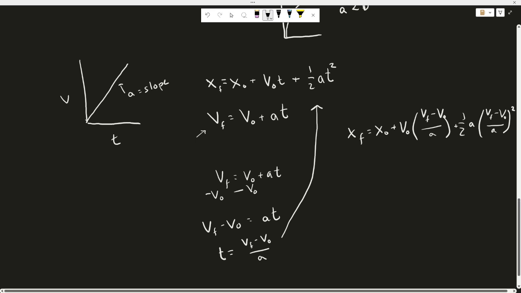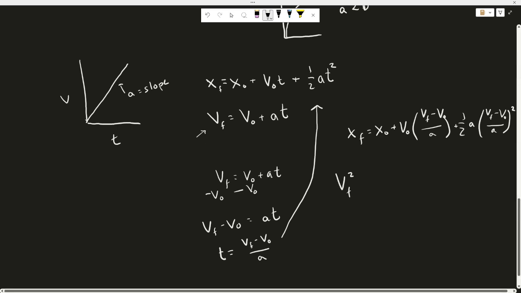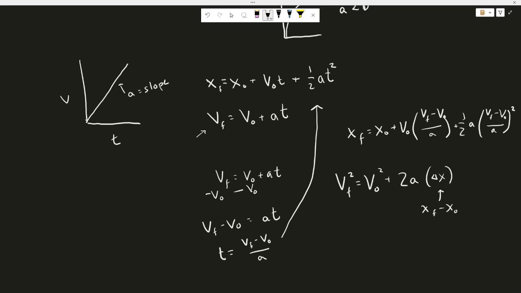If you want a further explanation of how this works, you can look at my derivation video, but effectively, if you expand it all out and cancel out the constants in the algebra, you'll get V final squared equals V initial squared plus 2a times the change in x, where this change in x is just x final minus x initial. Since we'll often call x initial 0, this would just be your final position if you do it this way.